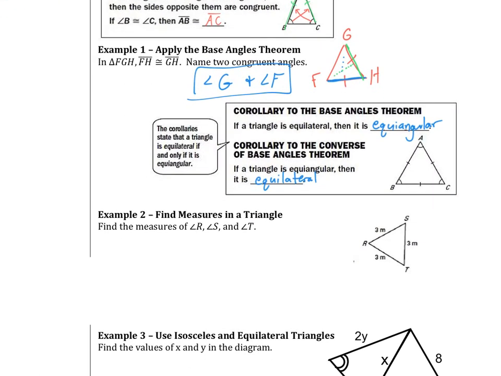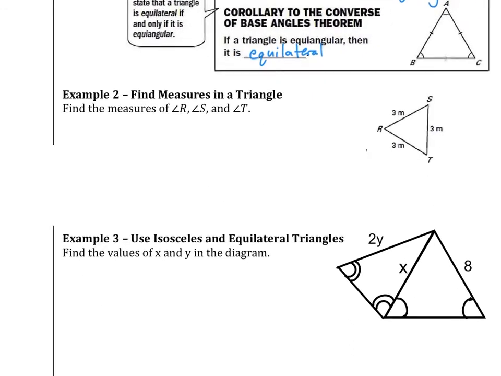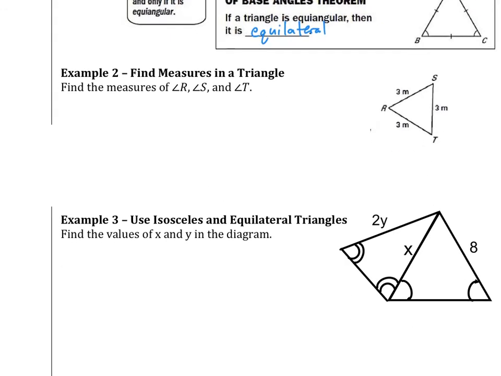Okay, so example 2. Find the measure of angle R, angle S, and angle T. If you look at this picture, notice all three sides are 3 meters. So how many congruent sides do we have? We have 3 congruent sides.